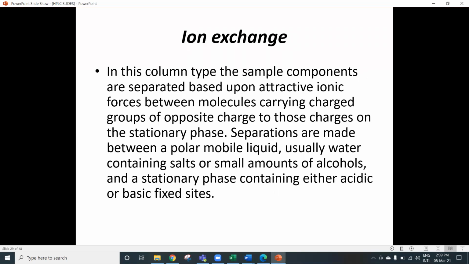And ion exchange is a separation that is based on the interaction of your analytes with charges. So the components are separated based on attractive ionic forces between the molecules carrying charge groups of opposite charge to those charges on the stationary phase.